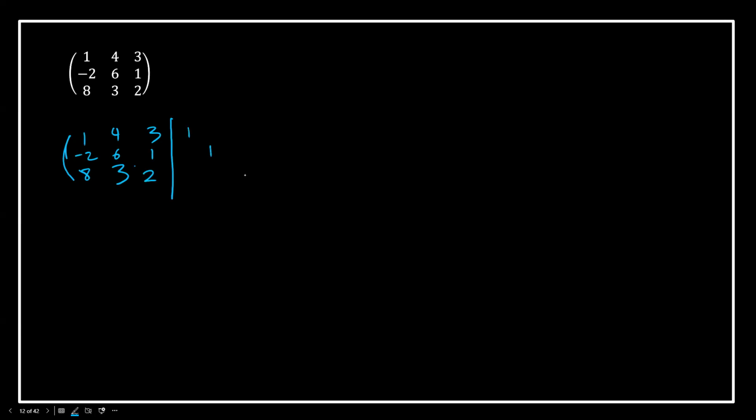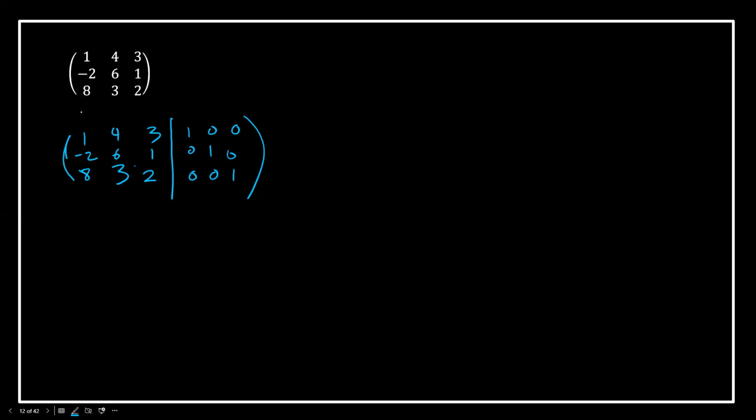Identity, all it does is that when you multiply some matrix by it, you get the original matrix out. And here, the identity matrix is going to be big when it comes to making a matrix that will eliminate this 8.